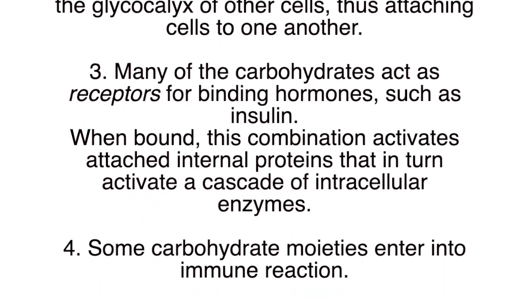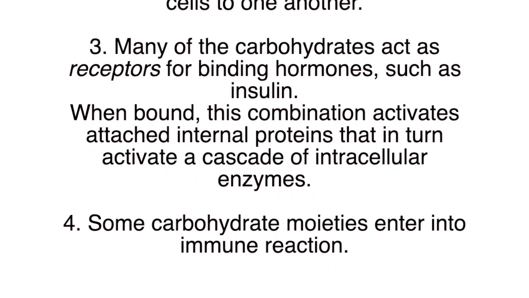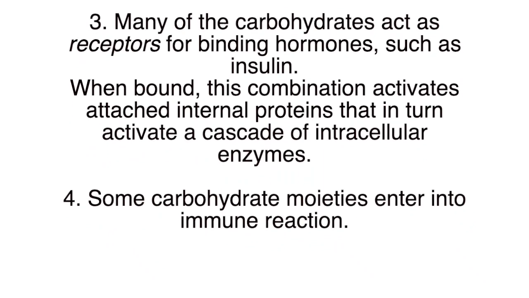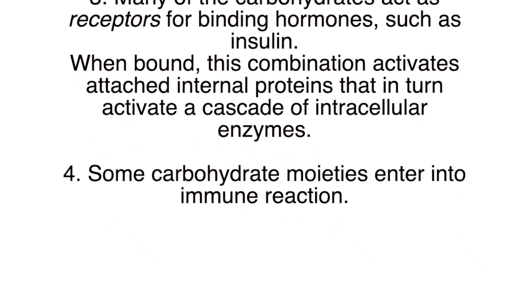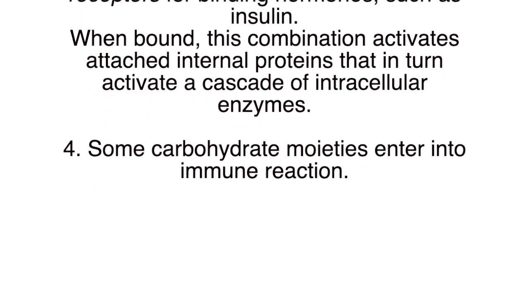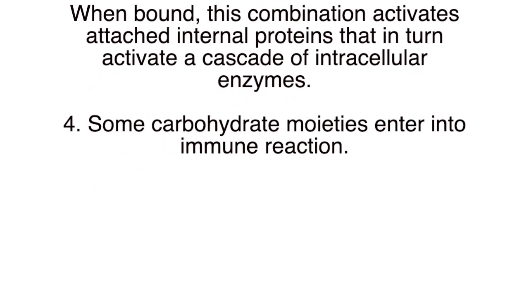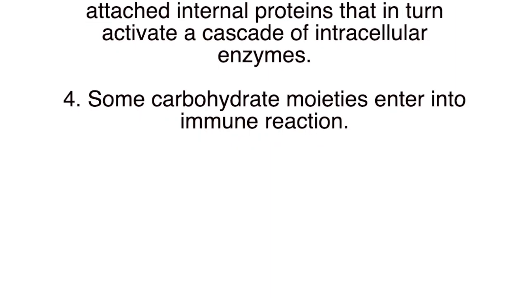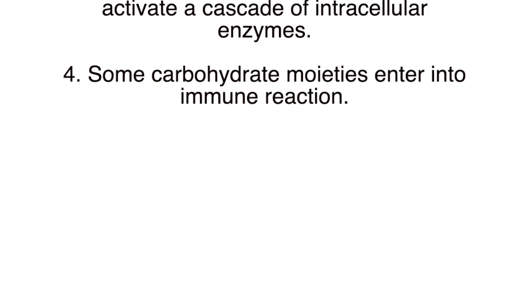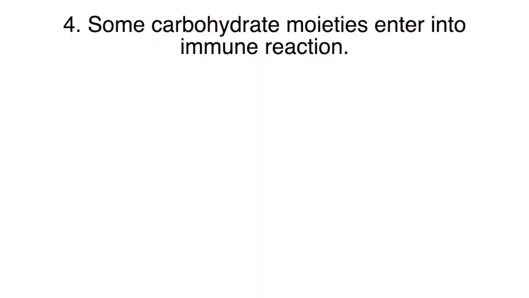Three, many of the carbohydrates act as receptors for binding hormones such as insulin. When bound, this combination activates attached internal proteins that in turn activate a cascade of intracellular enzymes. Four, some carbohydrate moieties enter into immune reaction.